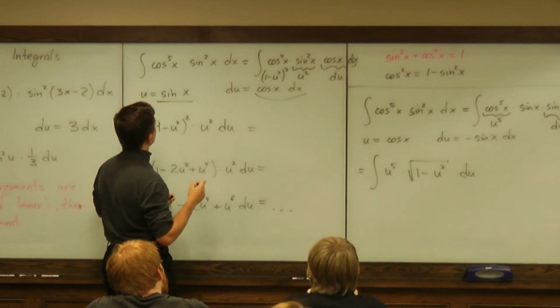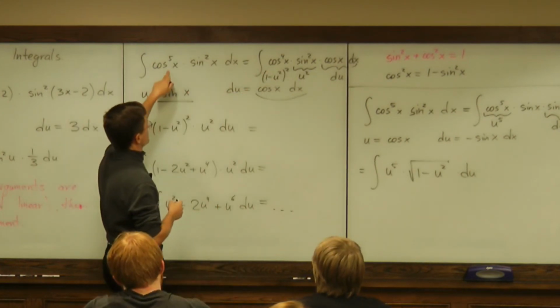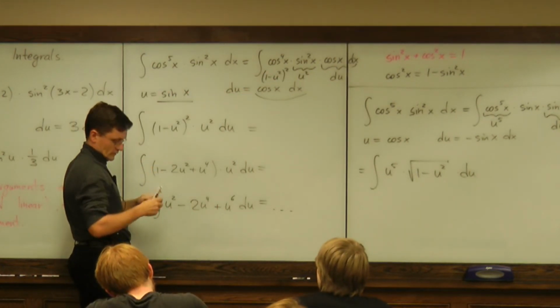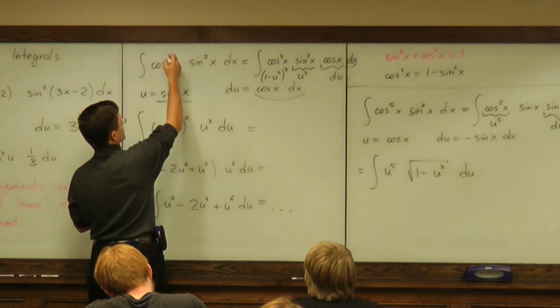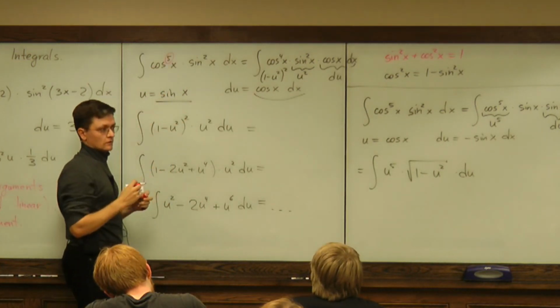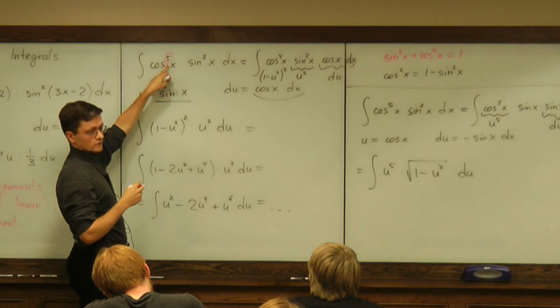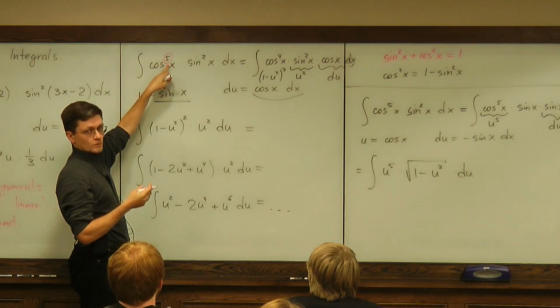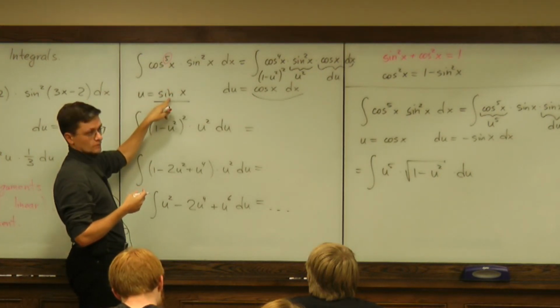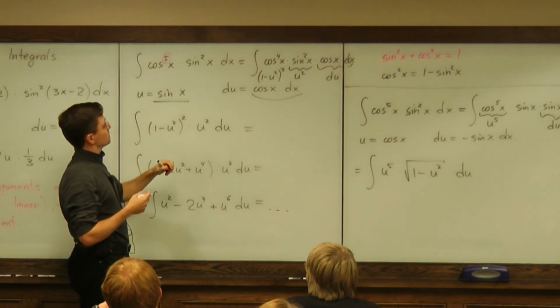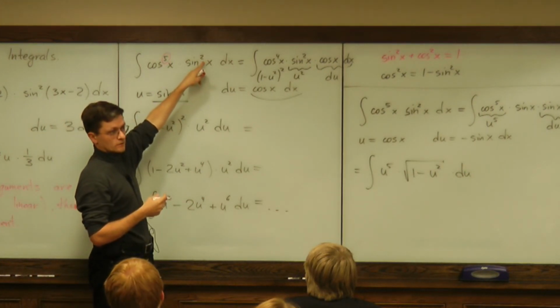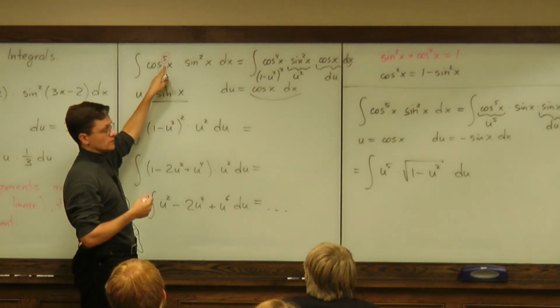So what it means is that originally that power was odd. The odd power is the thing that makes this work. The power of sine is irrelevant, but the power of cosine must be odd.